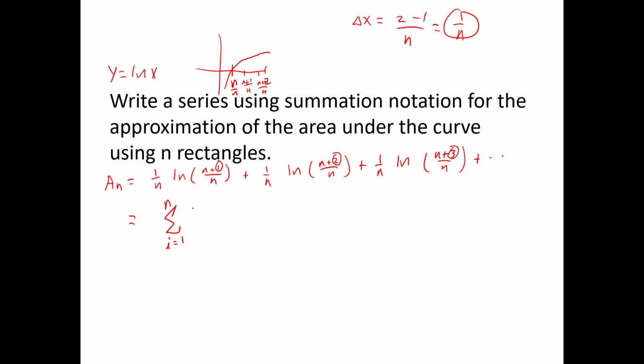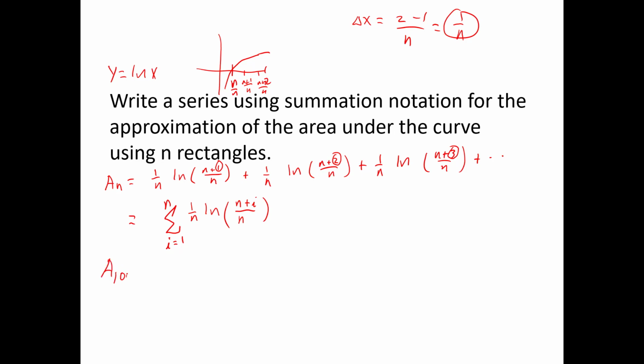You can see that they all have a factor of 1 over n, and they all have a natural log of a fraction, and in the fraction the first term is in the numerator, it's n, and in the denominator it's n. But then we have 1, 2, 3, so that's just I. And there we go.